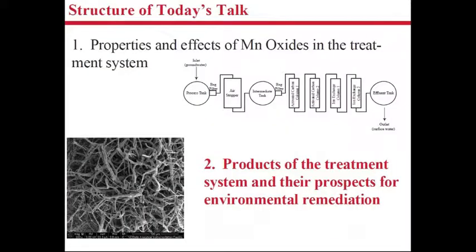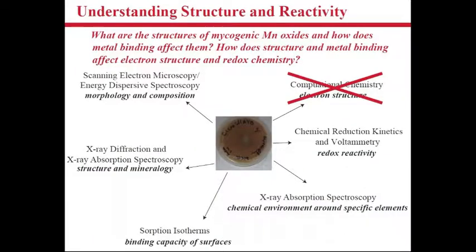So the next thing we really wanted to do was evaluate the properties of these materials, with an eye on how they might perform for environmental remediation. And again, we've dropped our geomicrobiological approach, although we have stolen the type of slide here. Now we're really trying to figure out structure reactivity, and we're going to use some of the same techniques.